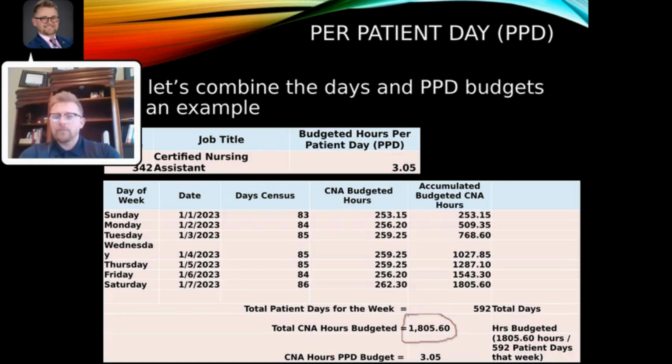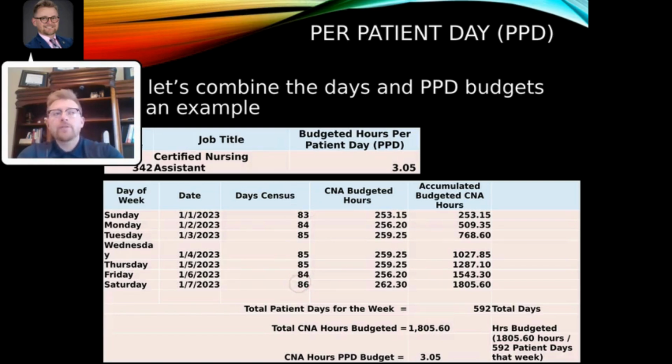The reason why we budget like this and you manage like this is because of the fluctuation in patient days. Like I said, in our example, to keep the math simple, we only went from an 83 in the first period to an 86. But it would not be uncommon. This is only 1 week. If we looked at a quarter, you may start the quarter at 83, but maybe you opened a specialty unit, a specialty rehab unit, maybe a specialty Alzheimer's unit.